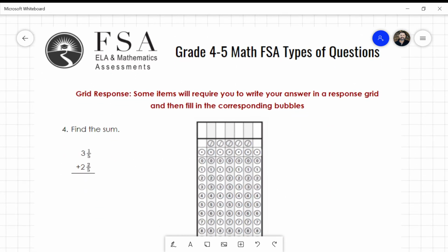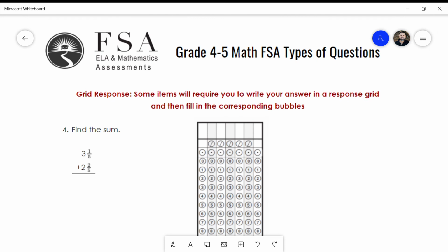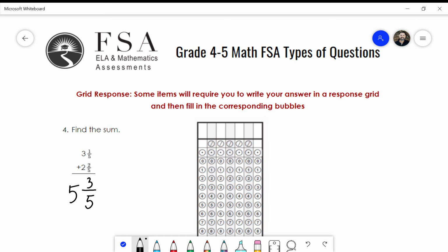I think there's just one more here. In this case, we have a mixed number, and we are going to find the sum. We're adding 3 1/5 plus 2 2/5. I start by adding the fractions: 1/5 and 2/5 is 3/5. Then the whole number is 5. But I can't put that onto the grid response, and I want to show you why.